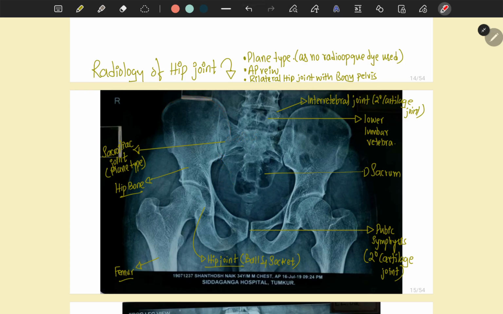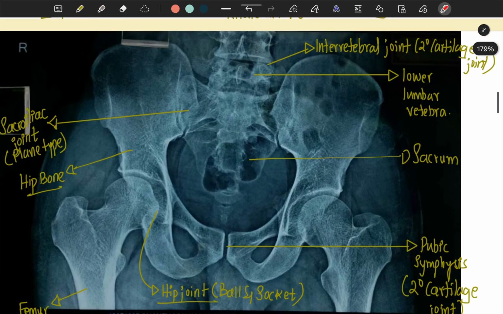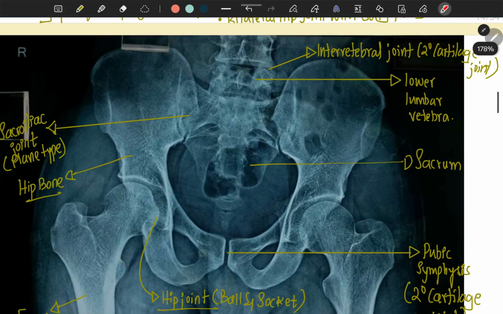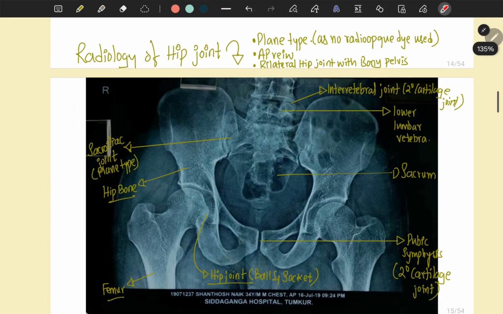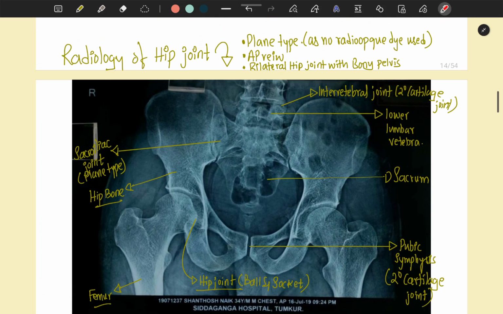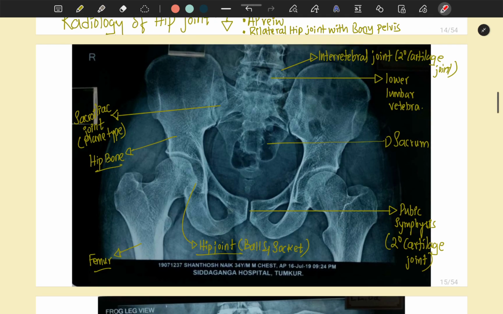And you can appreciate here, this part is called the ischial spine, where the pudendal structures pass. Now coming to the pubic bone.